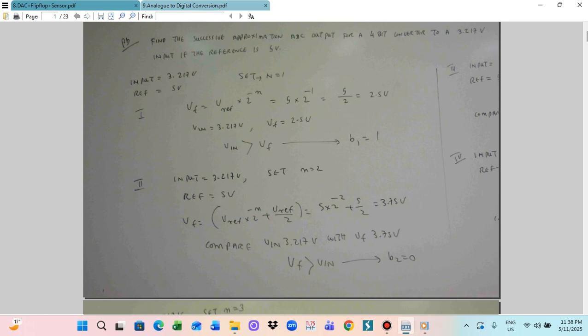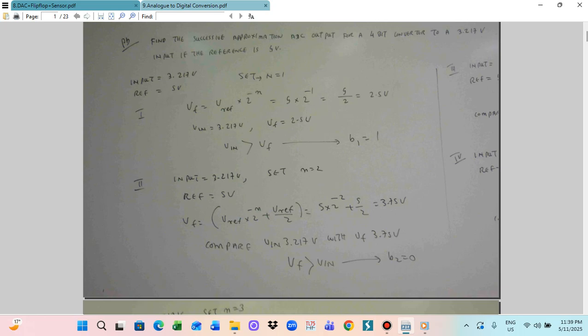We compare Vin with Vf. The Vin is 3.217, Vf is 3.75. You see that Vin is less than Vf. Therefore, B2 is equal to 0.